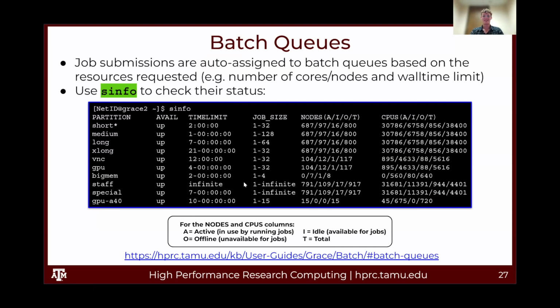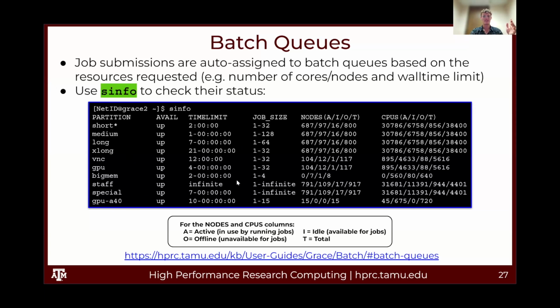If you type sinfo in the shell, you get this whole nice printout of all the different batch queues. Whenever you submit a job, it gets put into a different batch queue depending on what you requested. If you requested a whole lot of memory, you'll get a big mem node, near the bottom.